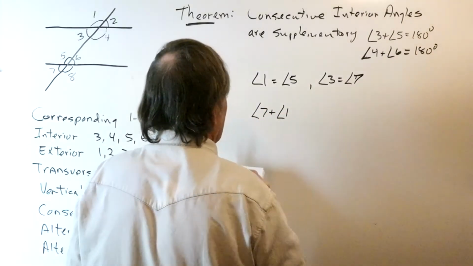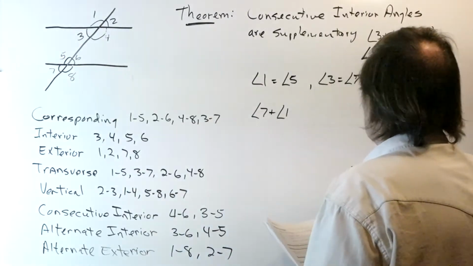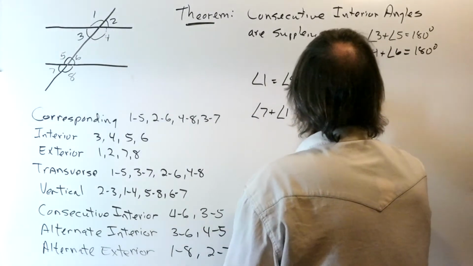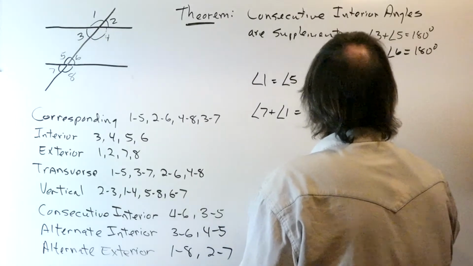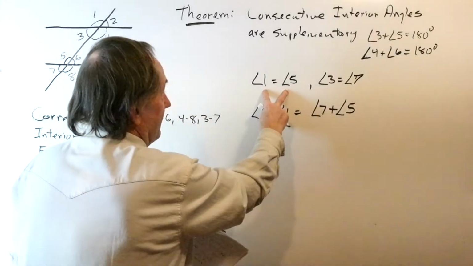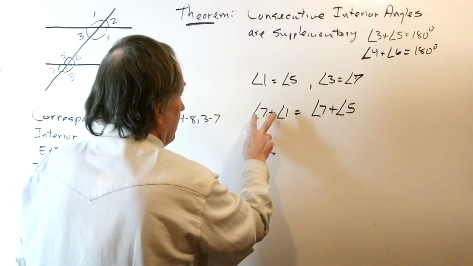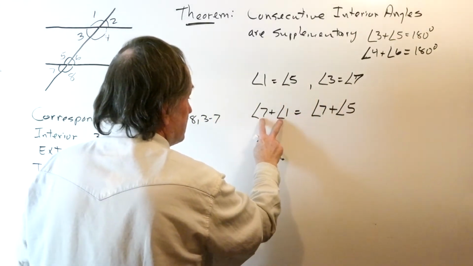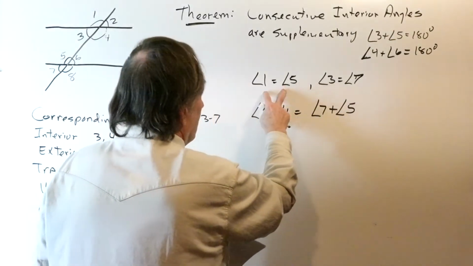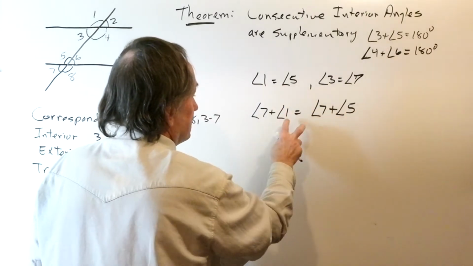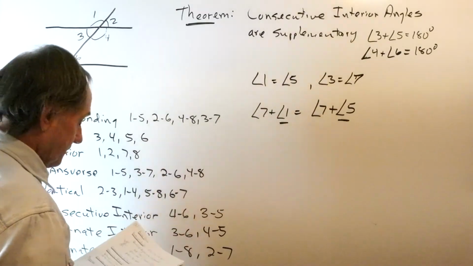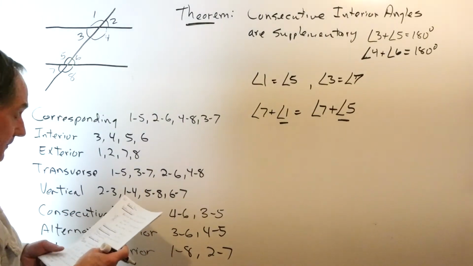with angle 1, that will be the same as adding to angle 7 angle 5, because 1 and 5 have the same measure. So the measure of 7 plus the measure of angle 1 will be the same as the measure of angle 7 plus the measure of angle 5, because angle 1 and angle 5 have the same measure.